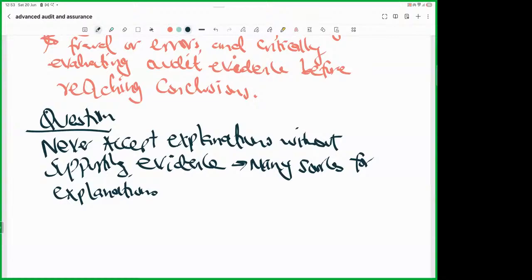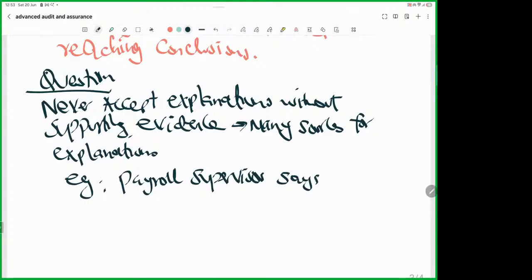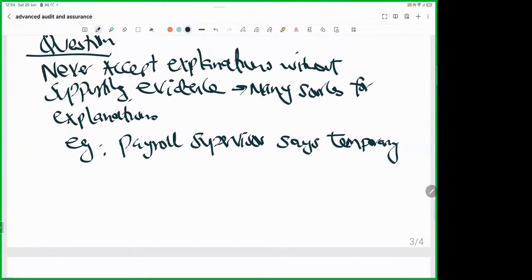A very good example: we are told in this case that the payroll supervisor said temporary workers do not need approval.